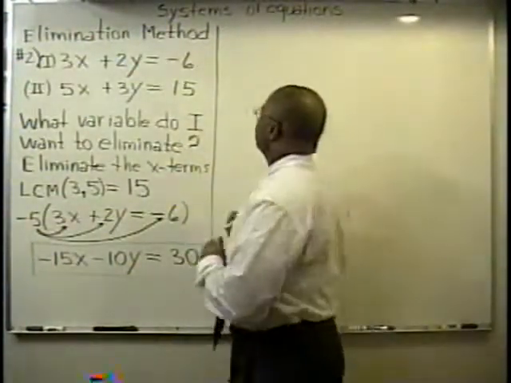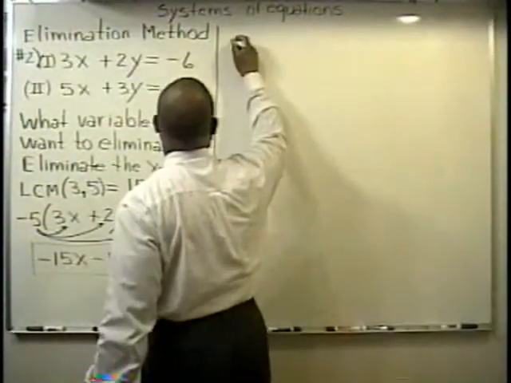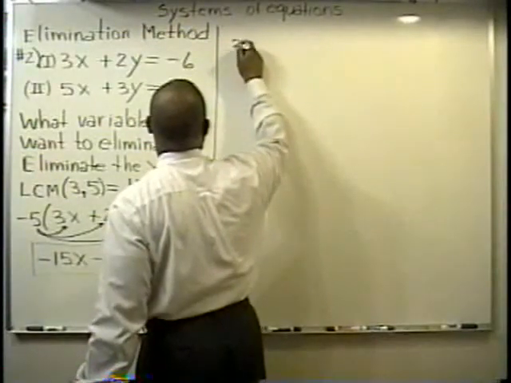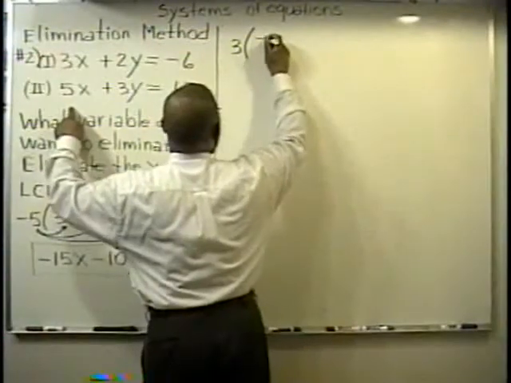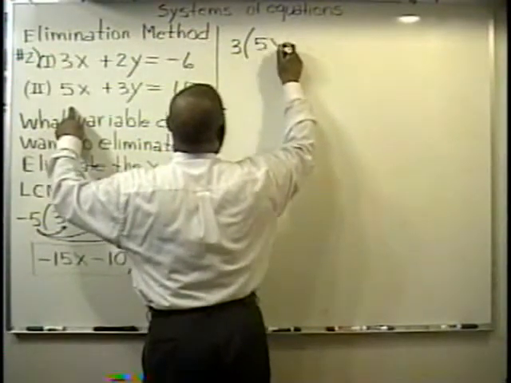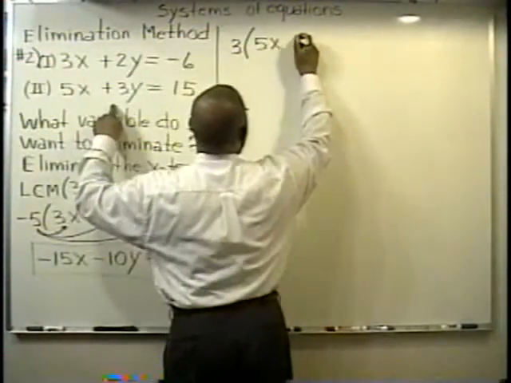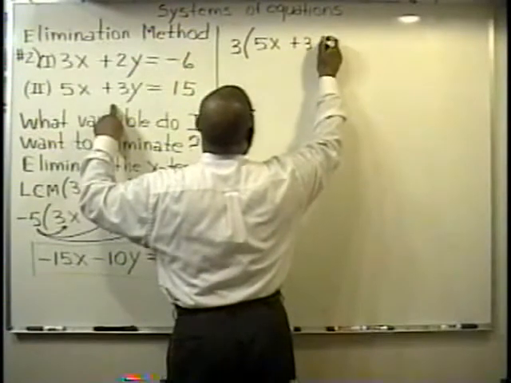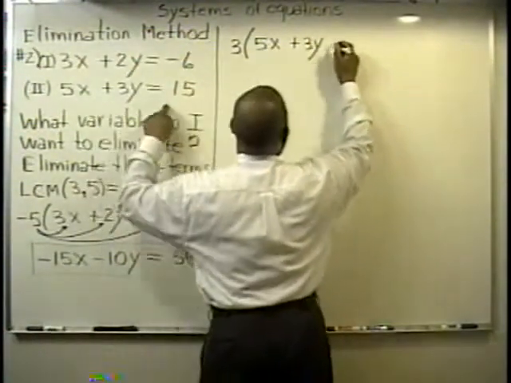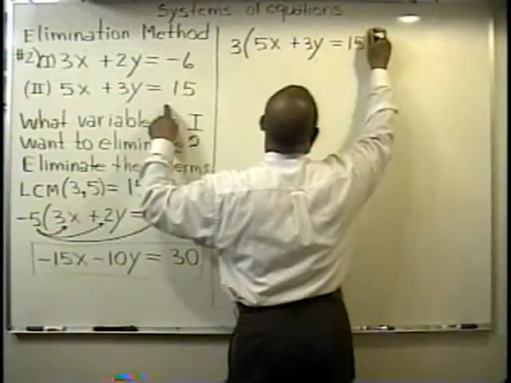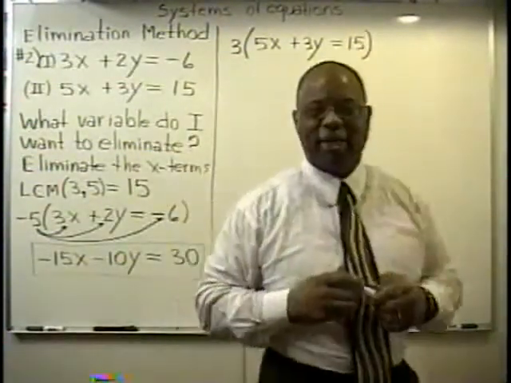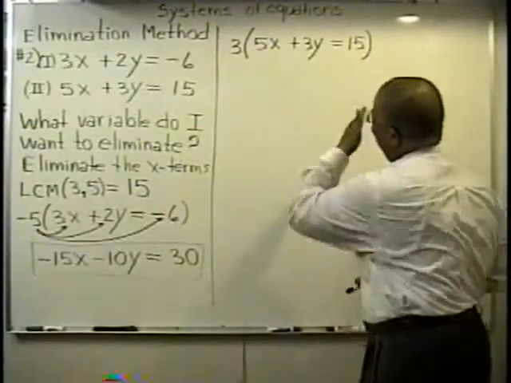Let me show you that. I take the 3 and I multiply the entire second equation, 5x plus 3y equals 15, by 3. What concept am I going to use to do that?